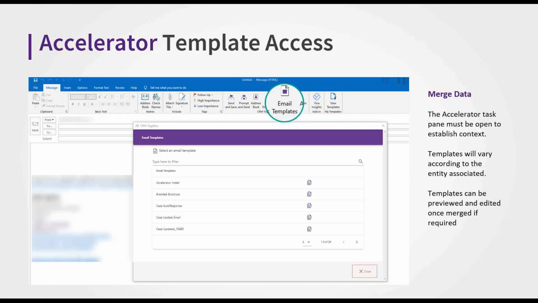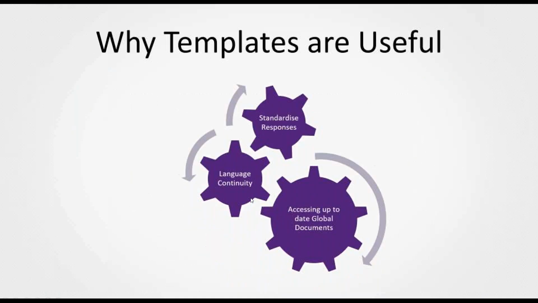So just back to our presentation here, the reason templates are useful, if you have an onboarding email that you want to send out to new customers coming aboard, and you might want to include within that a contract. You might want to use some logos, some brand guidelines. You can standardize all that response.